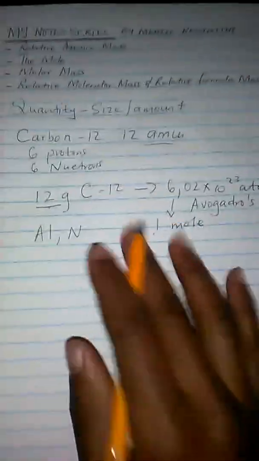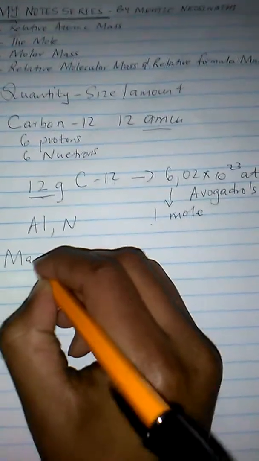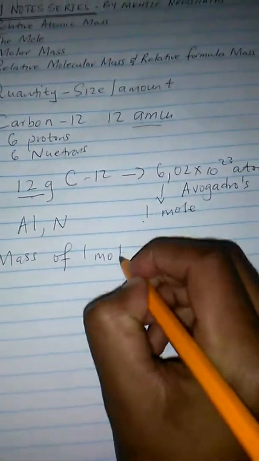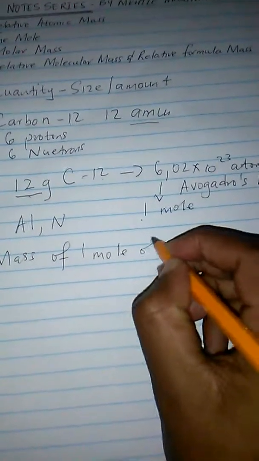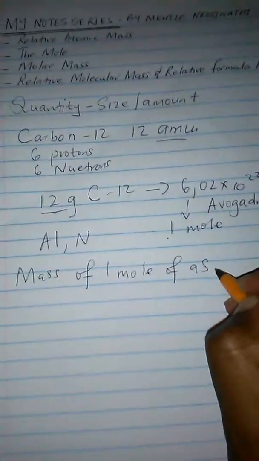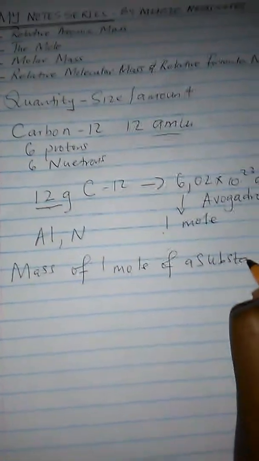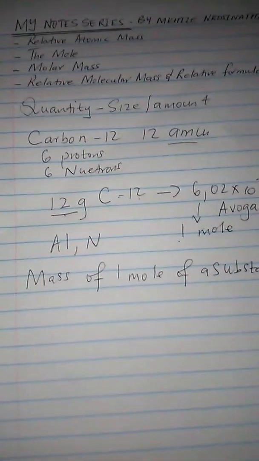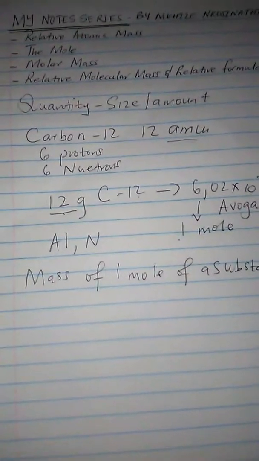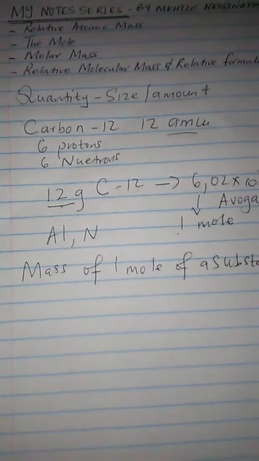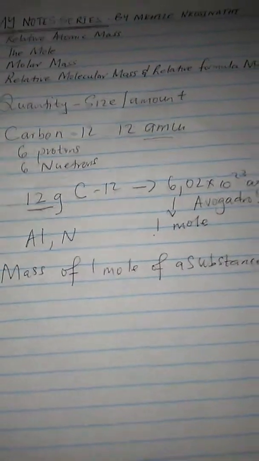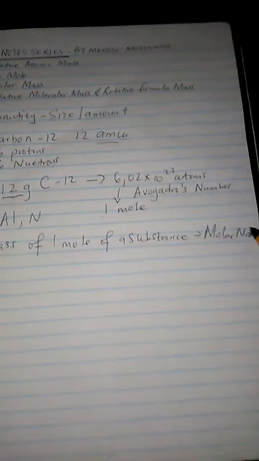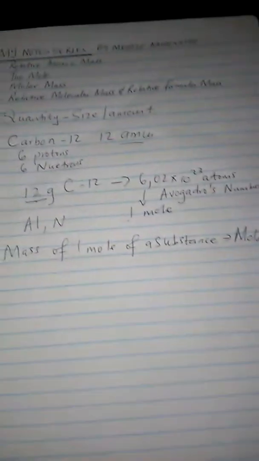So they said the mass of 1 mole of a substance, they called it the molar mass of that substance. Excuse my writing. So they called it the molar mass of that particular substance.